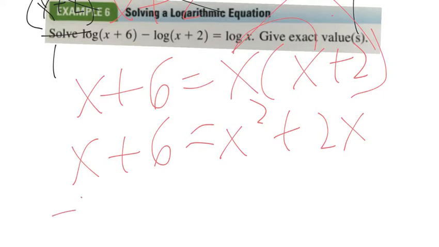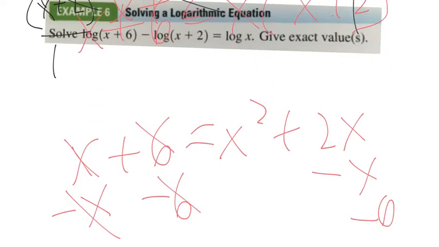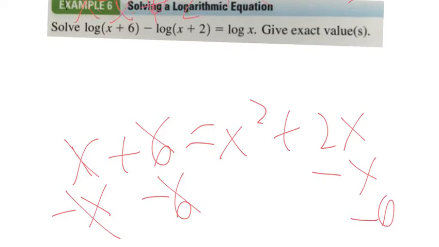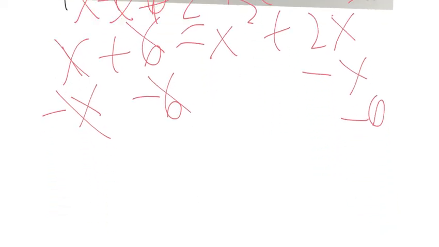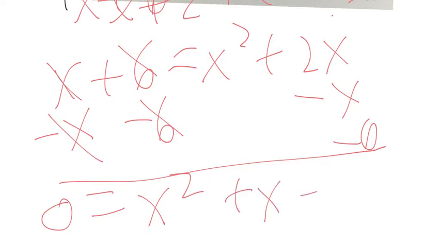Now if you subtract x from both sides, and subtract 6 from both sides, everything cancels out on the left-hand side. So you're left with 0 equals x squared, 2x minus x would be positive x, and then minus 6.